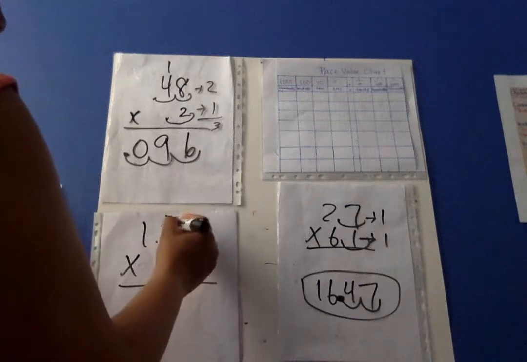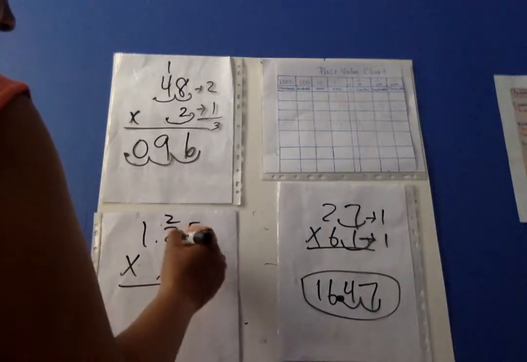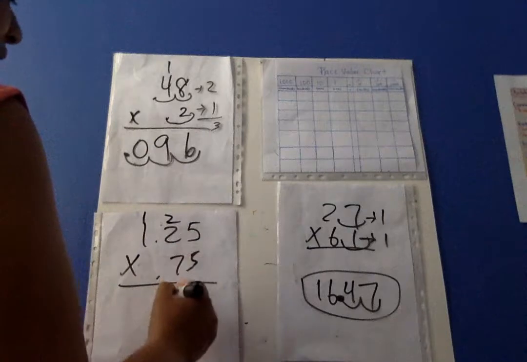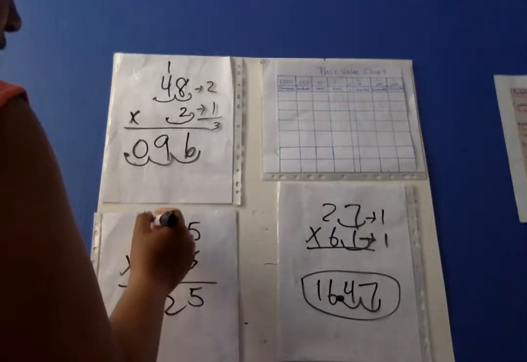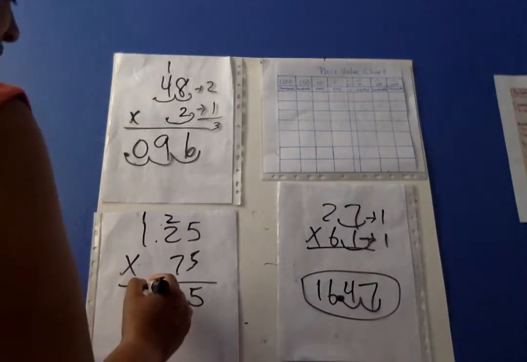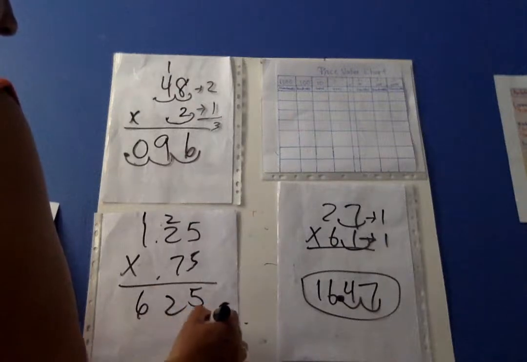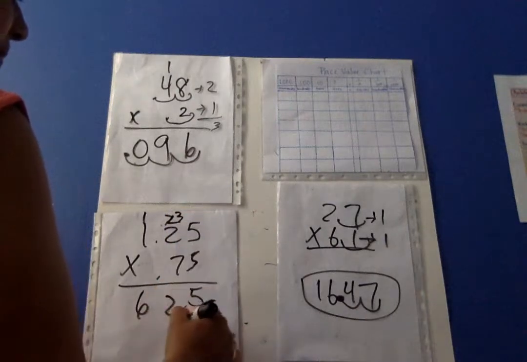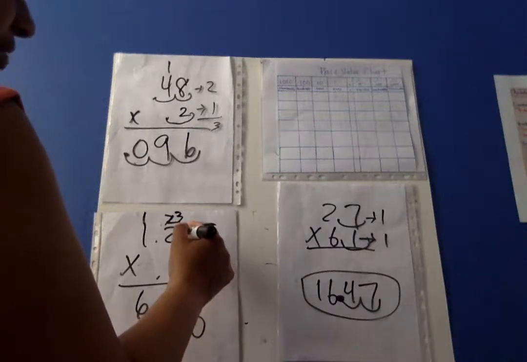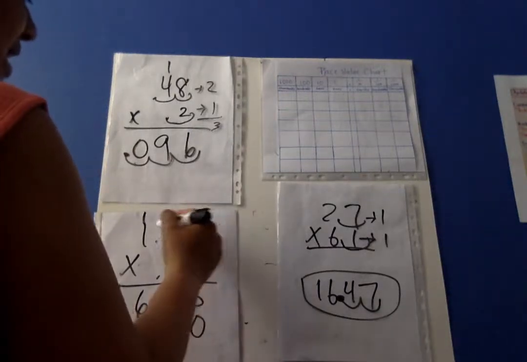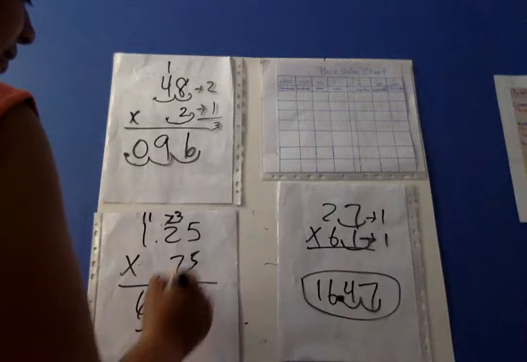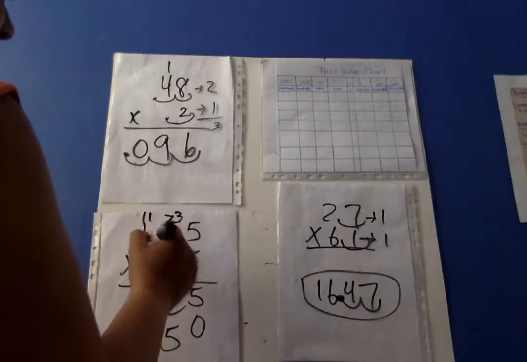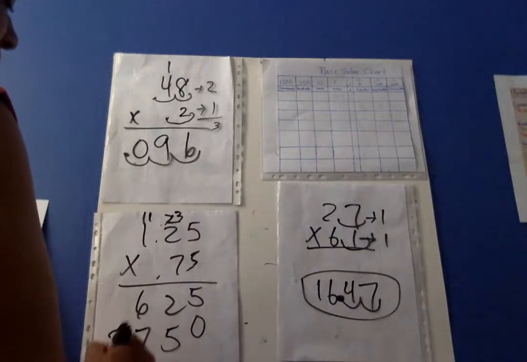5 times 5 is 25. 5 times 2 is 10 plus 2 is 12. 5 times 1 is 5 plus 1 is 6. Hold the space. 7 times 5 is 35. 7 times 2 is 14, plus 3 is 17. 7 times 1 is 7, plus 1 is 8.